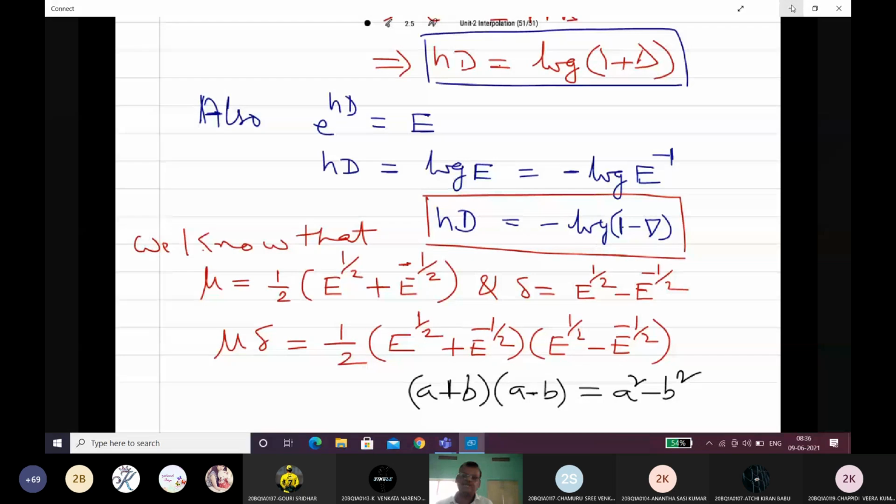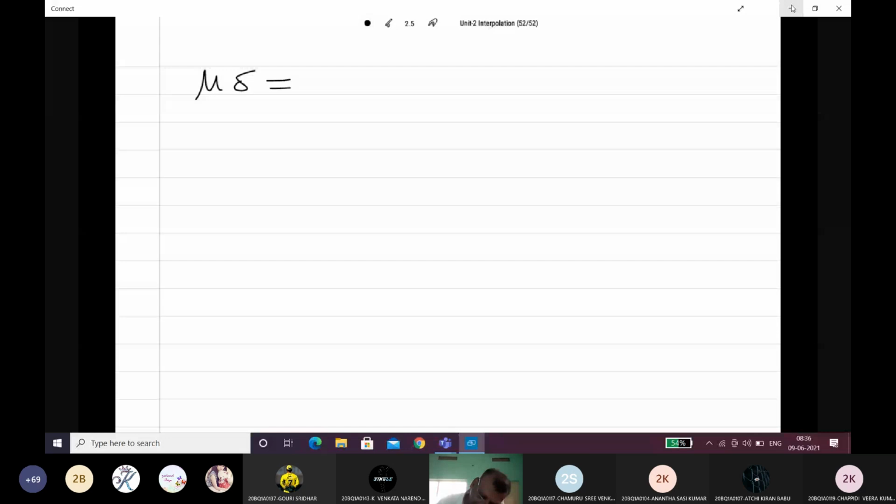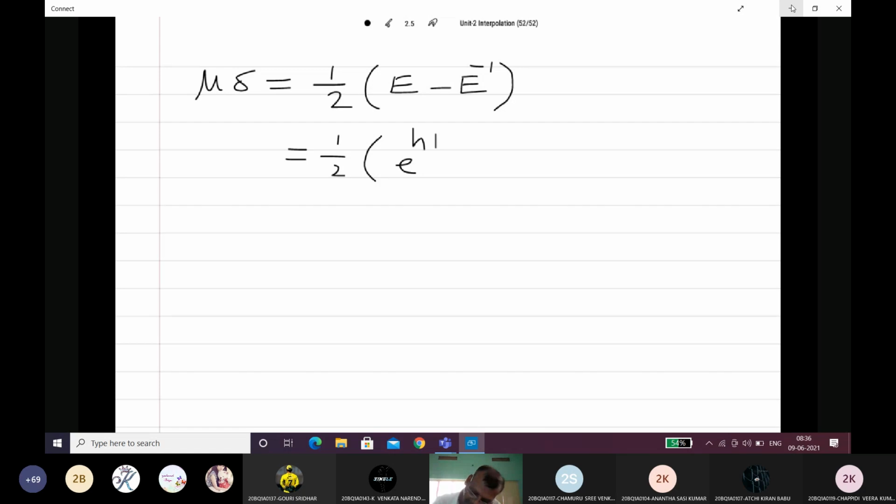That I write in the next page. Mu delta is equal to 1 by 2 of e minus e power minus 1. Now what is e? E is equal to e power hd. 1 by 2 of e power hd minus e power minus hd.